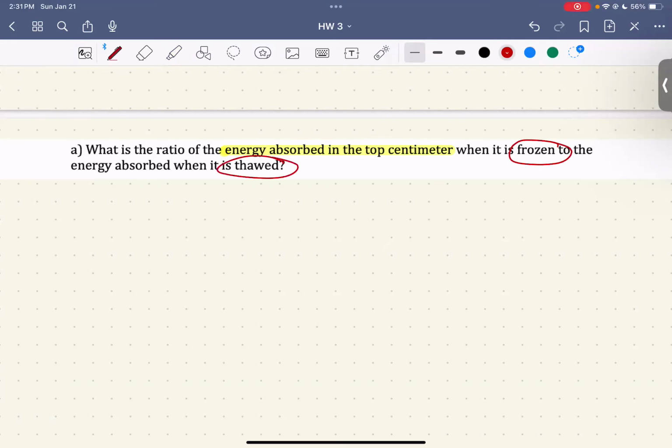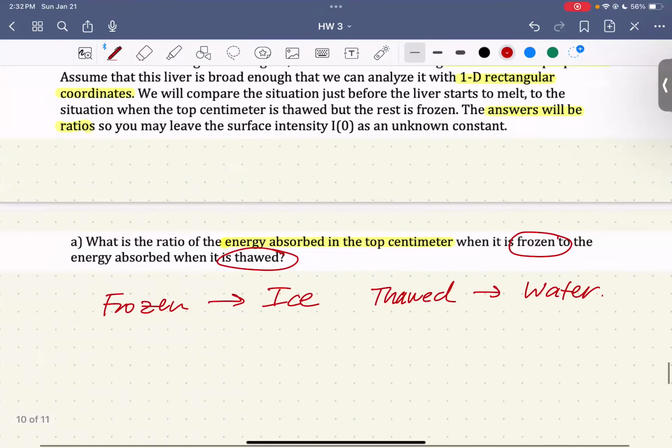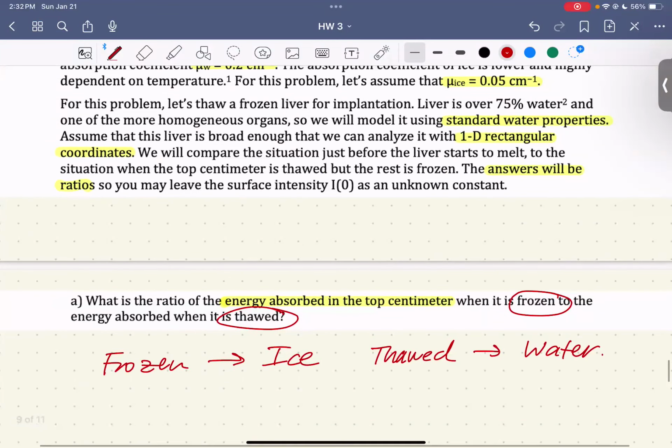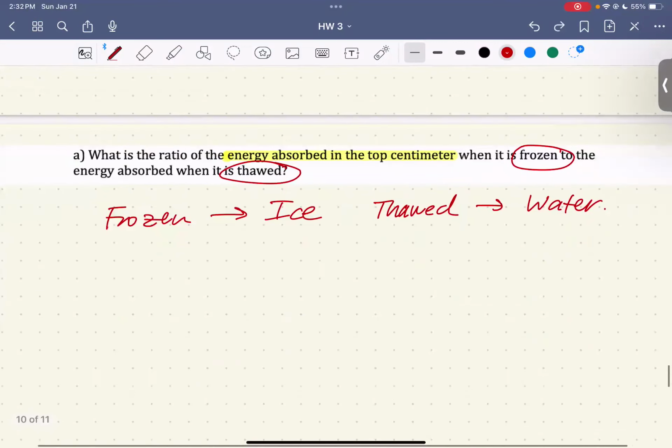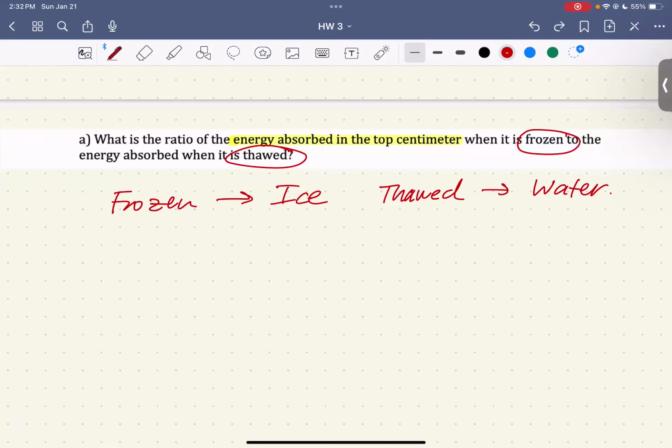And let's remember that it said frozen means it's just ice, and thawed is water. And it also said thawed water in that top centimeter. And that also says top centimeter here. So that means that that first centimeter, 1 centimeter, is going to be water.